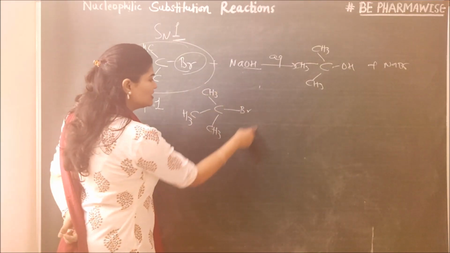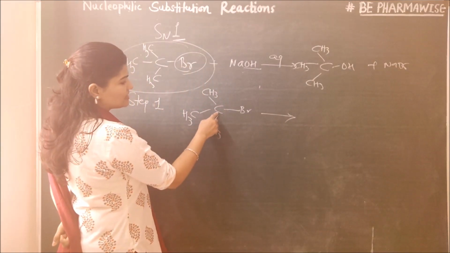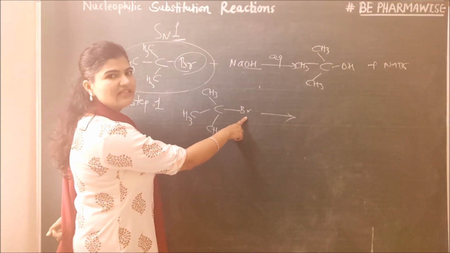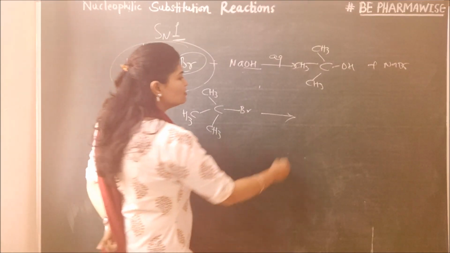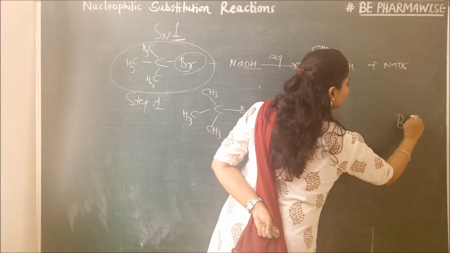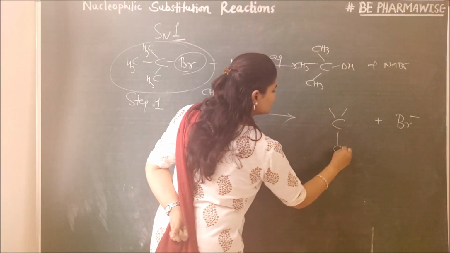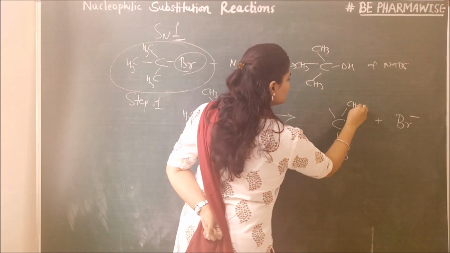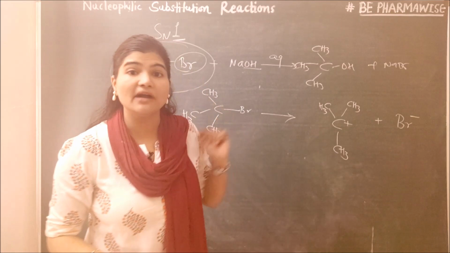Now this molecule undergoes ionization. The carbon will be positive and bromine will be negative because of the high electronegativity of the bromine atom. So you will get a bromide ion, Br minus, and you will get (CH3)3C plus. This is a carbonium ion.